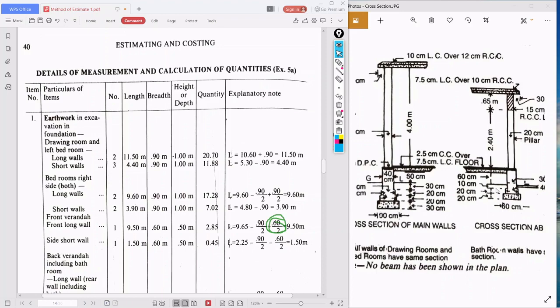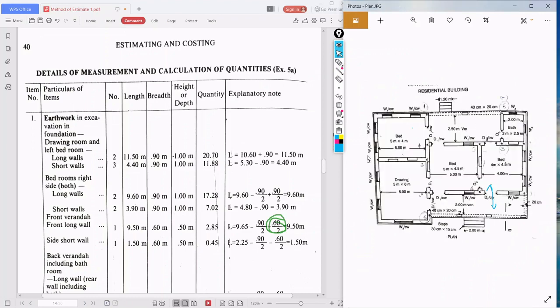And what is the height? For the veranda wall we need to consider 20 plus 20 plus 10, that is 50 centimeter, or 0.5 meter we can take. So this will be the height or depth of the front long wall of the veranda wall. I think it is clear now. So sections are very important.